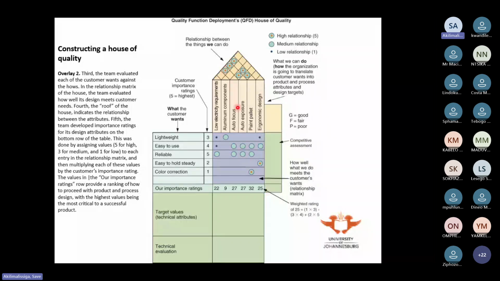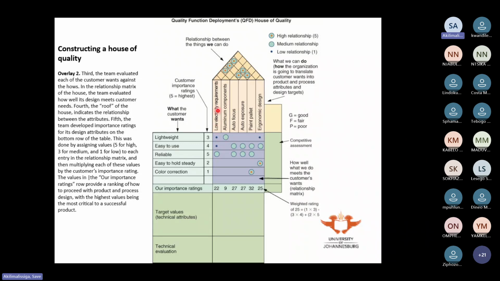So autofocus, you extend, and low electricity requirement, you also extend, and these two columns meet right here. According to what we have here, the symbol used is this one, meaning that there is a higher relationship. So this symbol suggests that low electricity requirement and autofocus have a higher relationship.